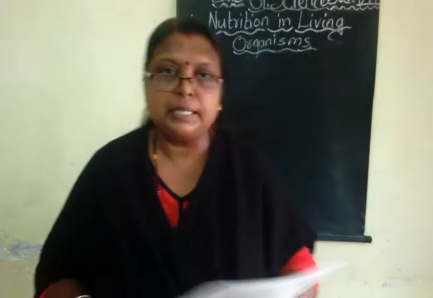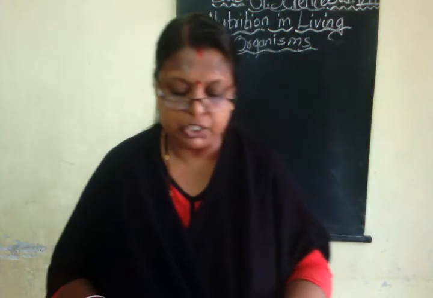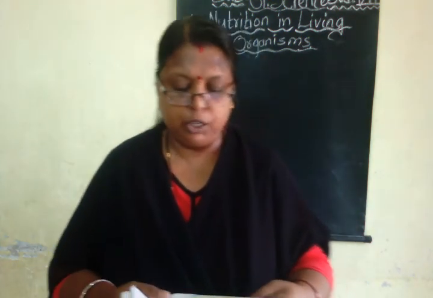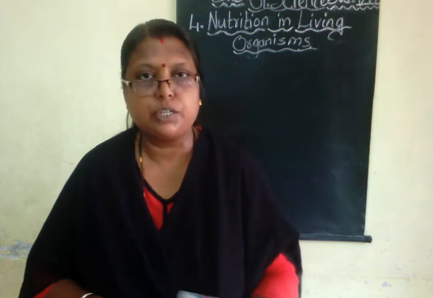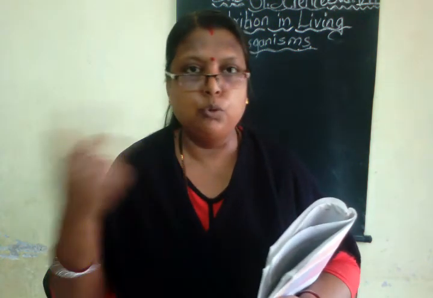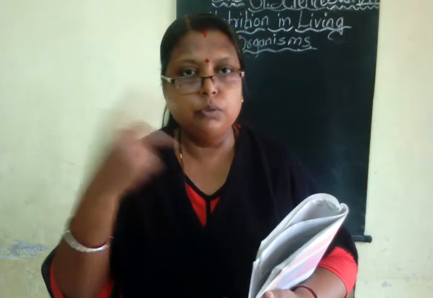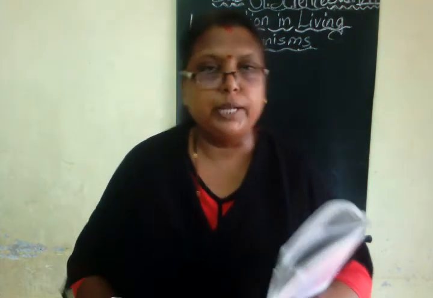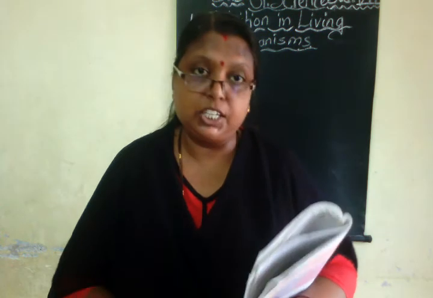All these things are done in the process of assimilation. Then comes egestion, removal of waste product and undigested food from the body. Whatever comes out of your body when you go for urination or toilet is a waste part of the food, and that process is called egestion.